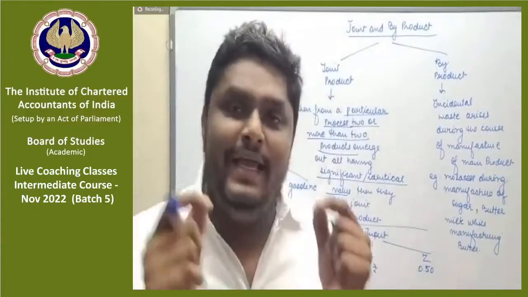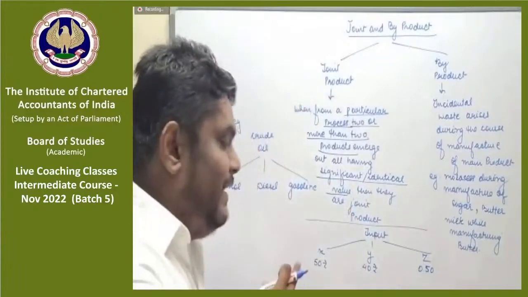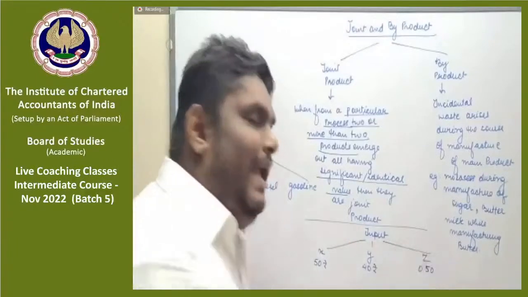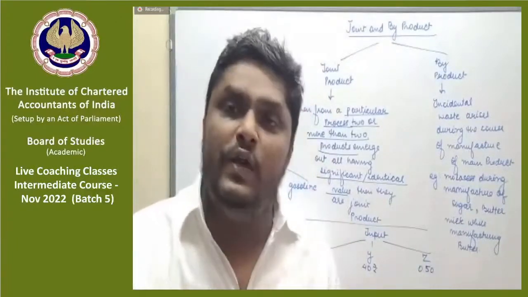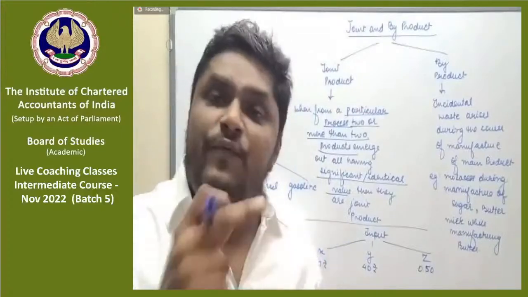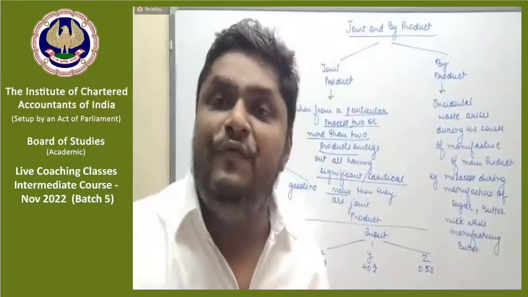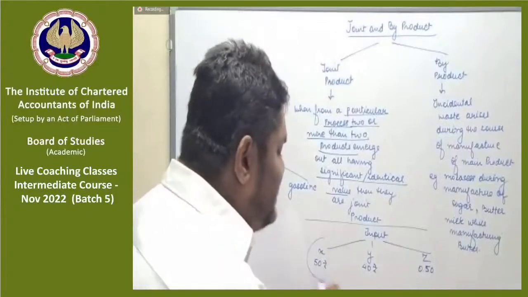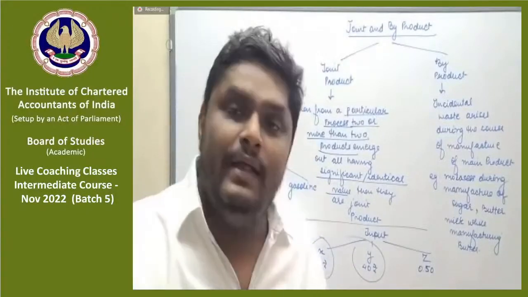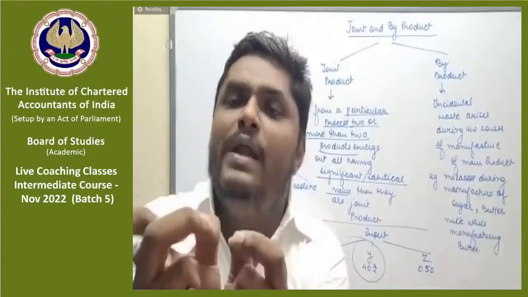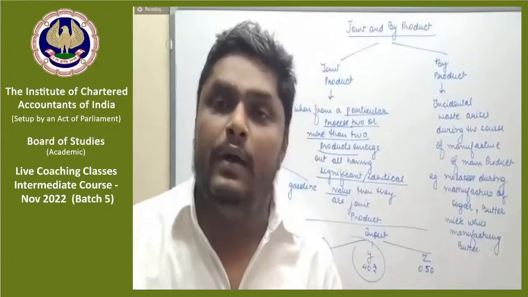I repeat again, after processing input, we are getting three products, X, Y, and Z. The value of X is 50 rupees, Y is 40 rupees, and Z is 50 paisa. So herein we can say X and Y are what? Joint products. And Z, which has a very nominal value, is known as byproduct.